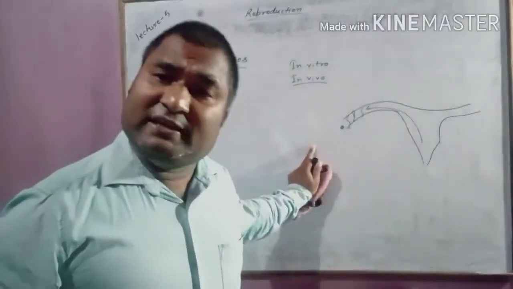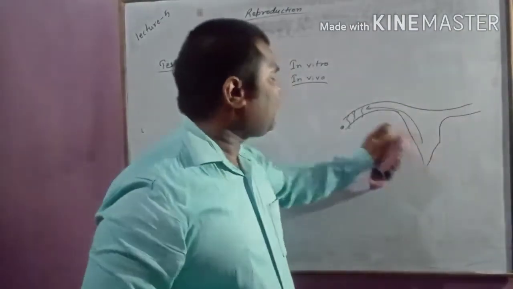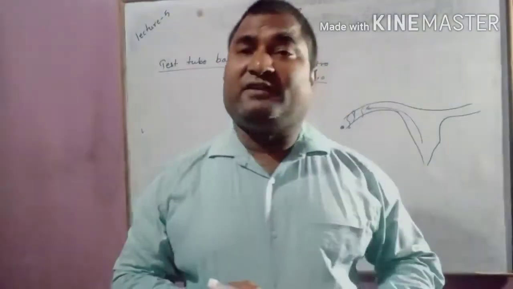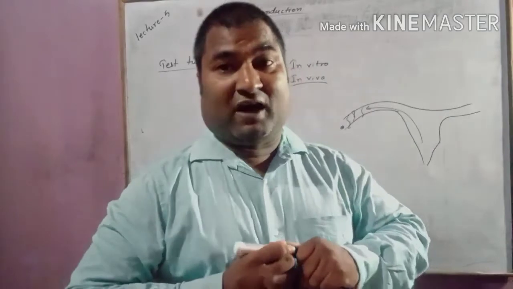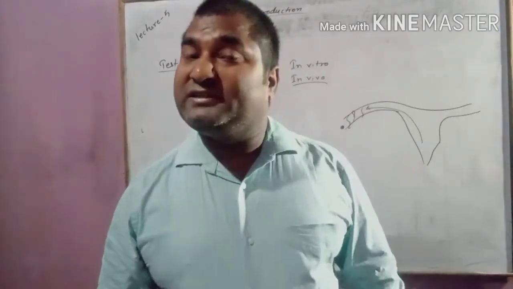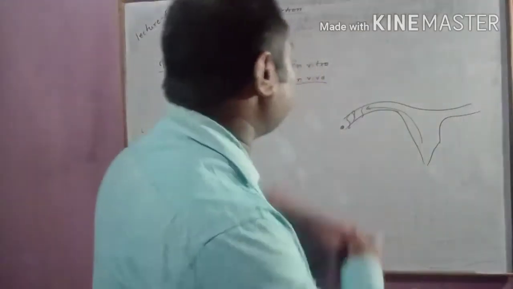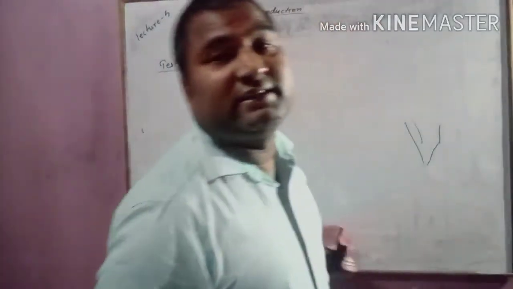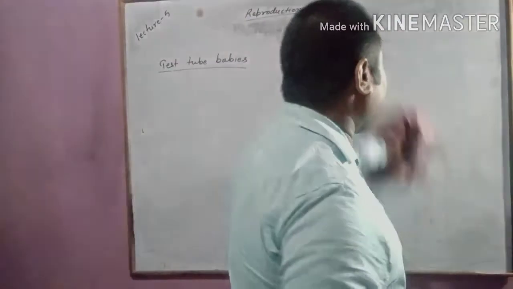Ovulation is taking place but the sperm cannot reach the ova because this tube is blocked. If the sperm cannot reach the ova, there will be no fertilization. If there is no fertilization, there will be no implantation. If there is no implantation, then there will be no pregnancy.